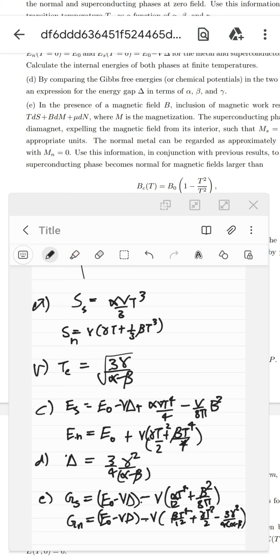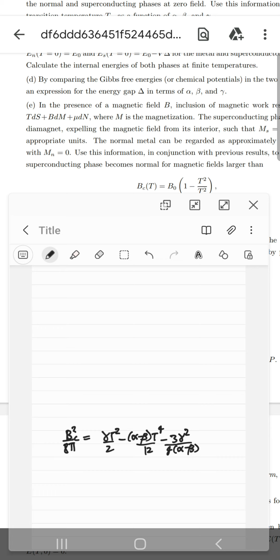Plus v delta. Just equate these two, and that should give you the equation, but it's not giving us the equation. Why is it not giving the equation that we need?